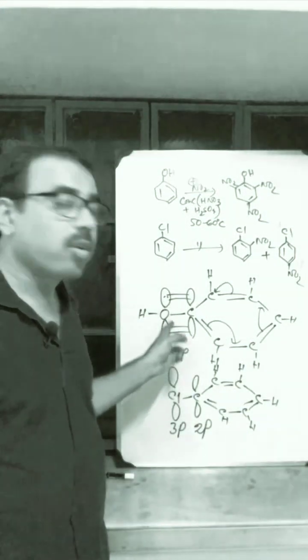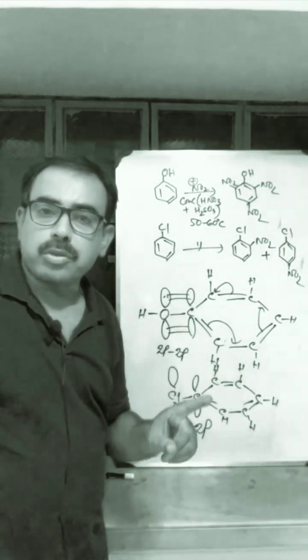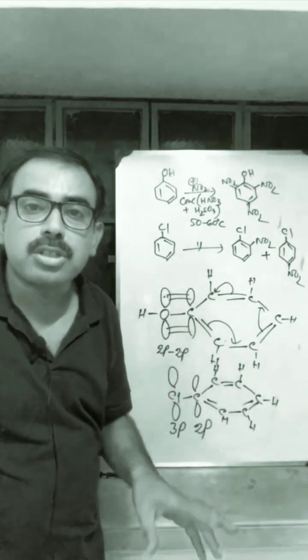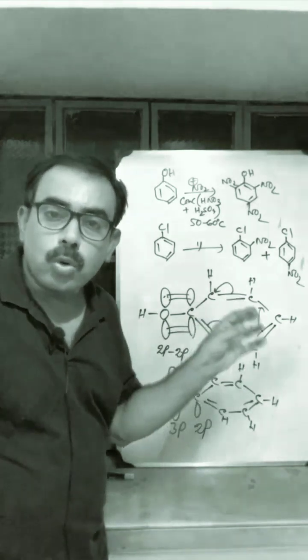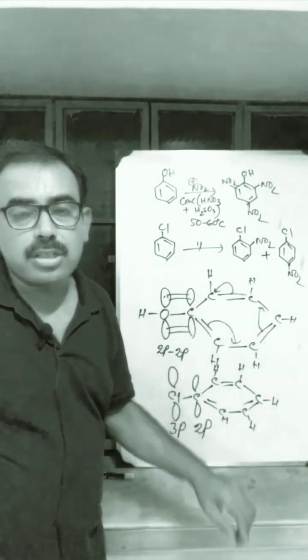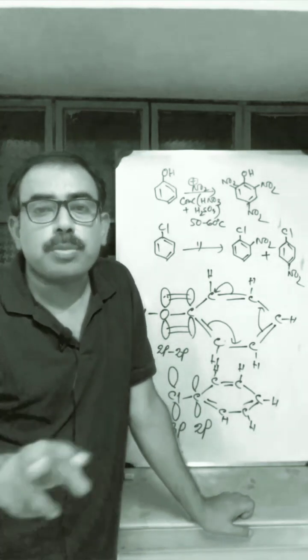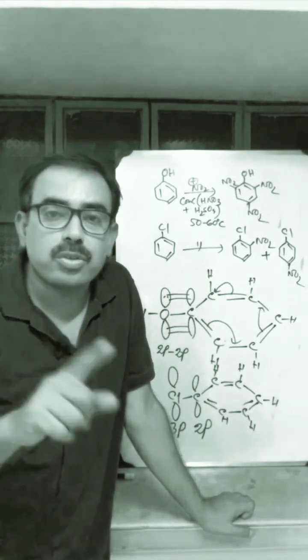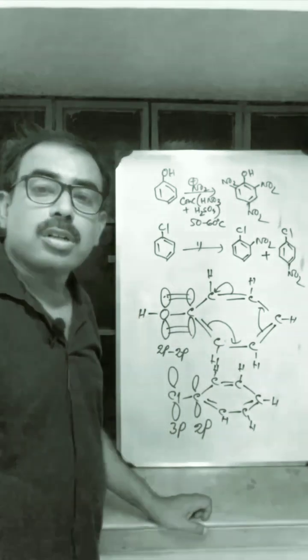In case of phenol or aniline, the lone pair of oxygen or nitrogen is also in a 2p orbital and in carbon it is 2p. So in case of aniline, the lone pair can easily get delocalized into the benzene ring, as 2p lateral overlapping occurs between the lone pair of nitrogen and the 2p orbital of carbon.